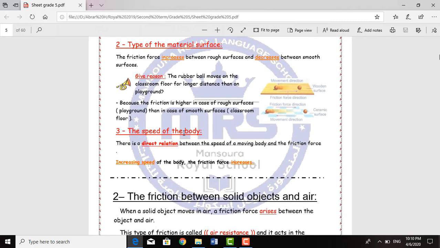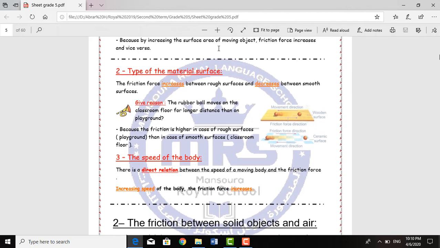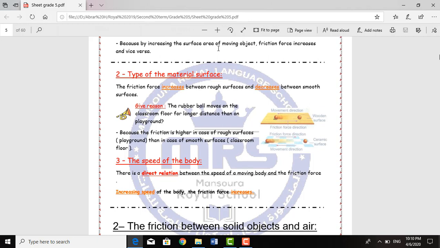The second factor that affects the friction between solid objects is the type of the material surface. The type of the material surface means is this surface rough or smooth? The friction force increases between rough surfaces.